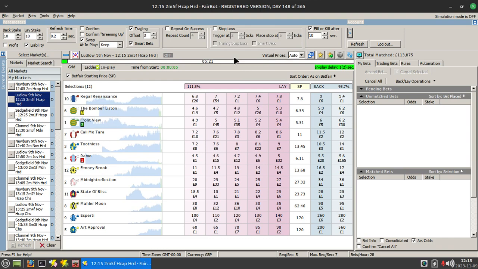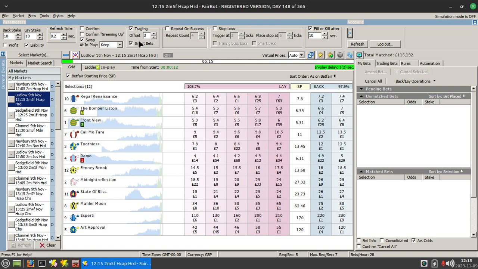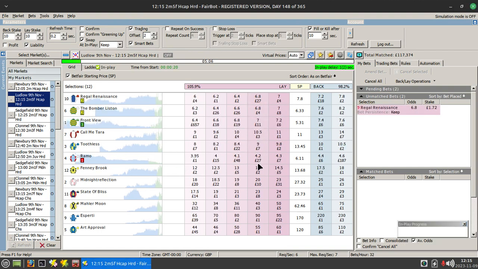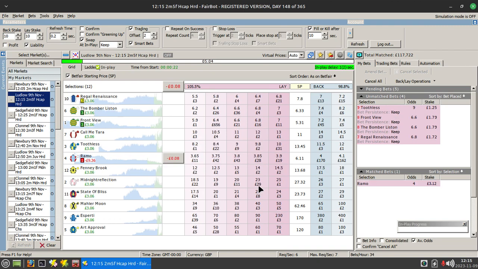Okay, we're off and running in the next race, same sort of thing, but this time I'm going to play nearer the front of the market. Now generally if I'm doing that, I would tend to reduce my offset a little bit, but what you should find, of course, is these things get matched that little bit quicker.